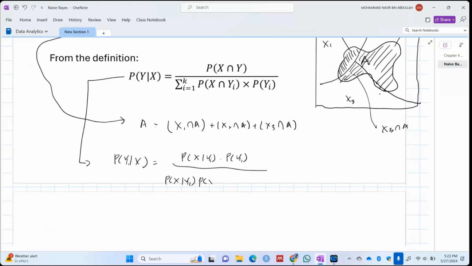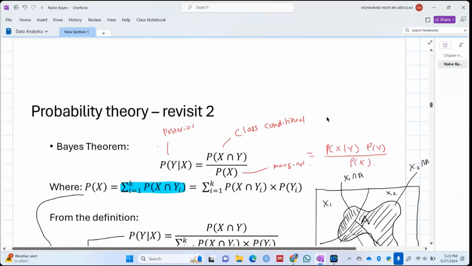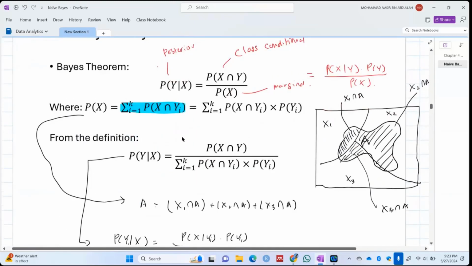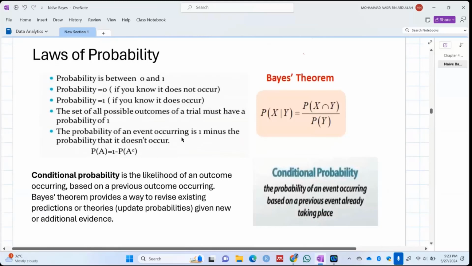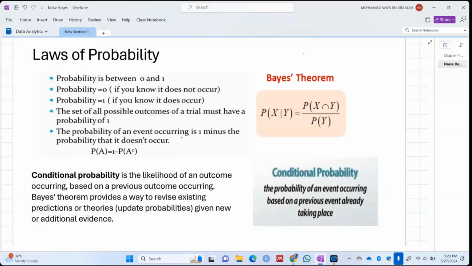So probability of x is probability of x given y1 multiplied by probability of y1 plus probability of x given y2 multiplied by probability of y2. Right. So basically it came from conditional probability. So if you understand conditional probability, then Bayes theorem should be no problem at all. Okay. So this is some law of probability that you need to know.